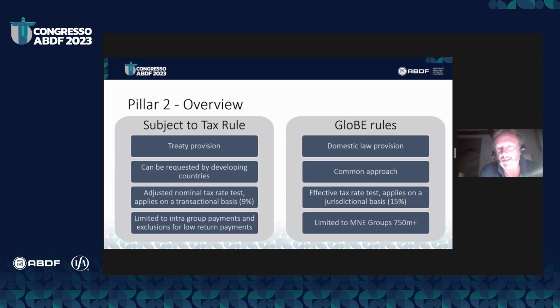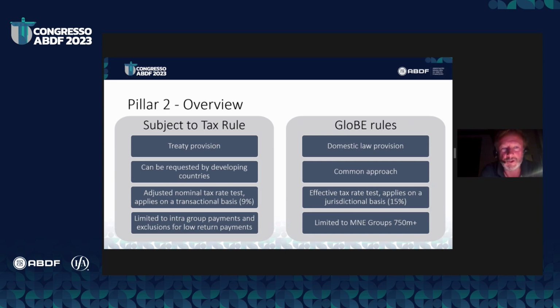What it does is look to the nominal rate of tax on various types of payments. So it looks at these things on a transactional basis and tests them to see whether they are subject to a 9% nominal rate in the residence jurisdiction. Now the STTR, unlike the GloBE rules, which apply to the net income of all the entities in the group, only applies on a payment basis.